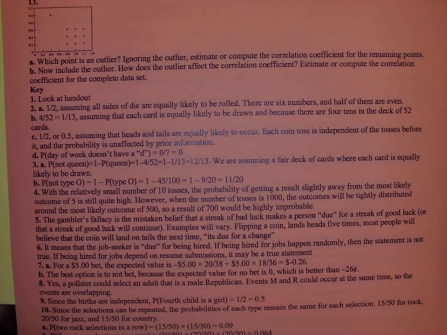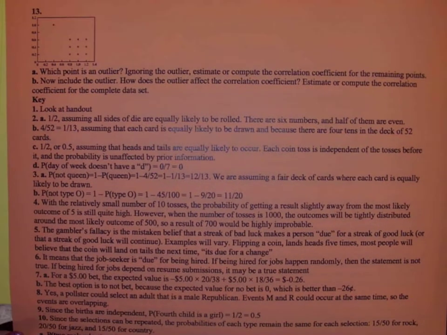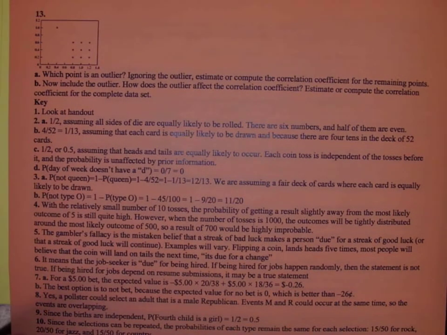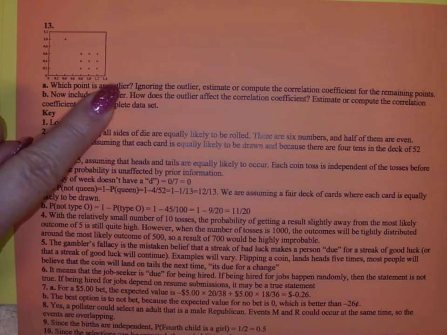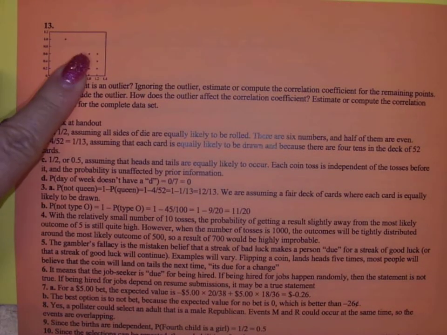All right, so those are the types of things you need to know how to do for the exam. You might be wondering about finding the coefficient, but I don't know that everybody's going to have access to a TI-84 calculator in order to find it, but you're going to need to be able to tell me about the correlation.